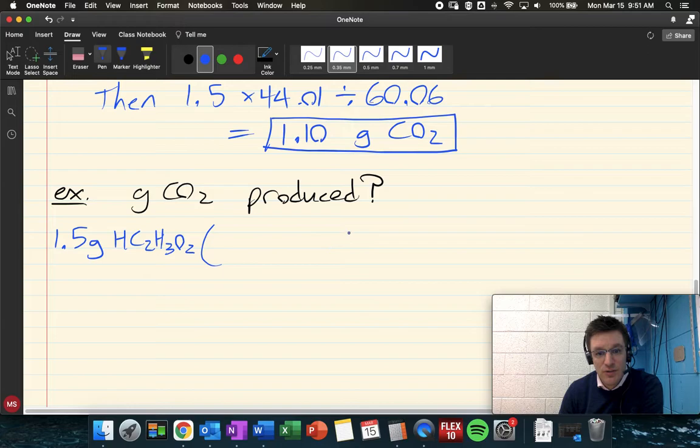And then you always have a conversion factor next. Now what the conversion factor does is it converts from grams to moles. So we put 1 mole HC2H3O2, sorry, screwed up my formula here.